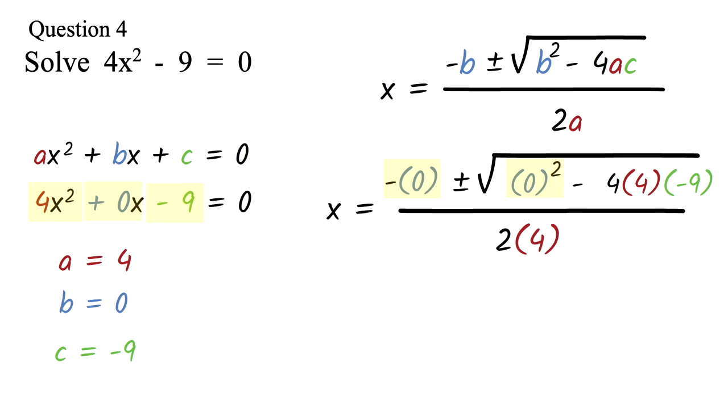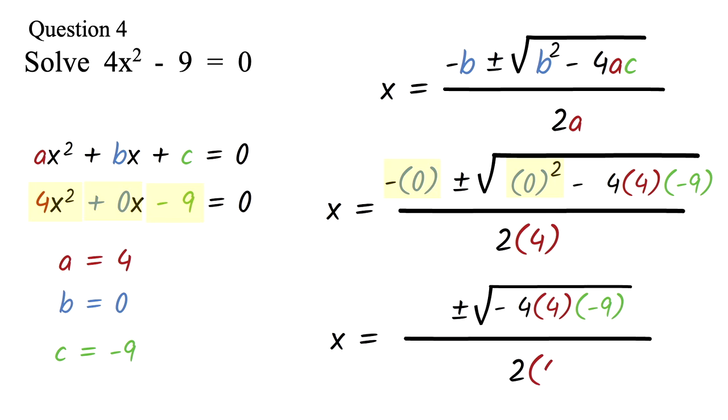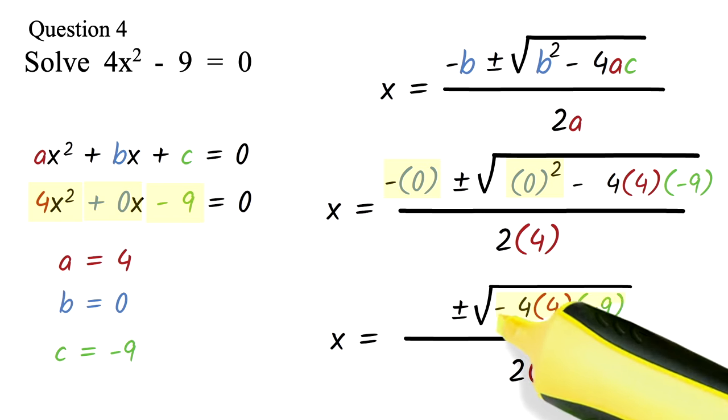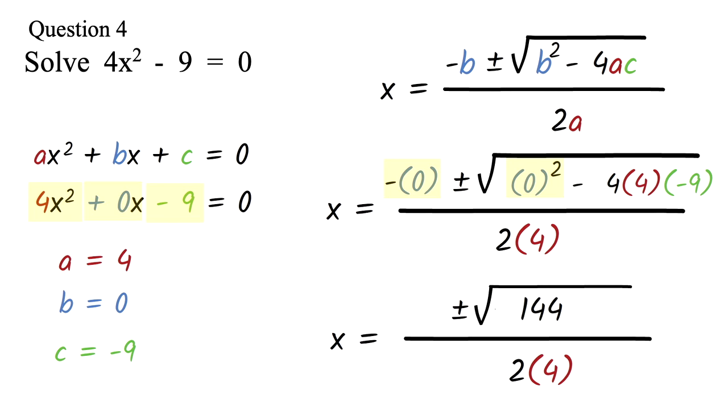So we can simply write this as x equals plus or minus square root of minus 4 times negative 9 all over 2 times 4. We work out what is under the root sign first. Minus 4 times 4 times negative 9 is 144. We find the square root of 144.